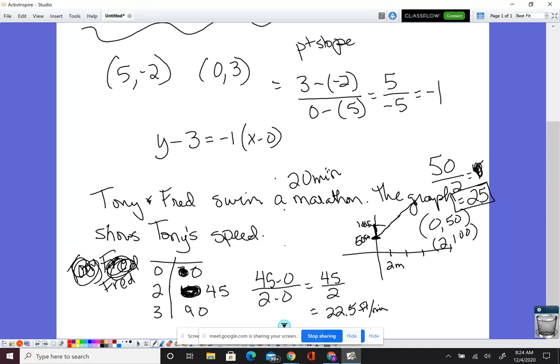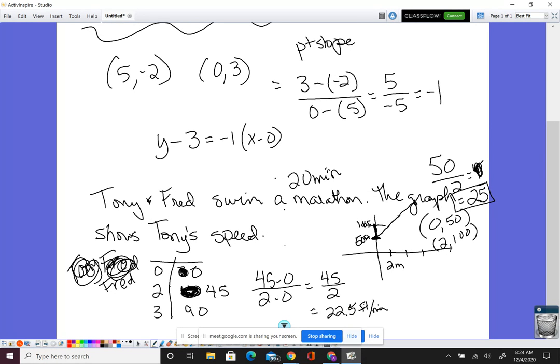So Tony started out 50 feet in front and has a speed or a slope of 25 per minute. Fred starts out at 0 and has a speed or a slope of 22.5, which is less than Tony's.